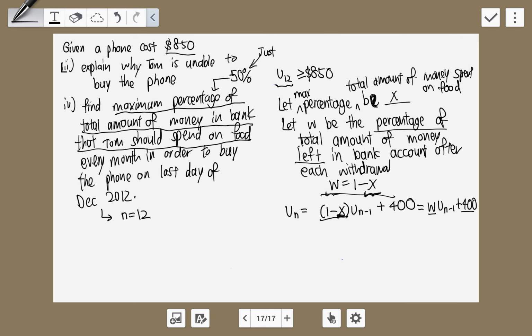So probably it's clearer if, instead of W, I let it be L for left, because W may seem like withdrawal. So instead of x, I let it be withdrawal. Okay, so would this be easier to work with, or this one?